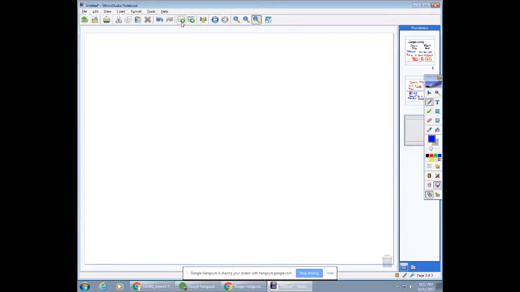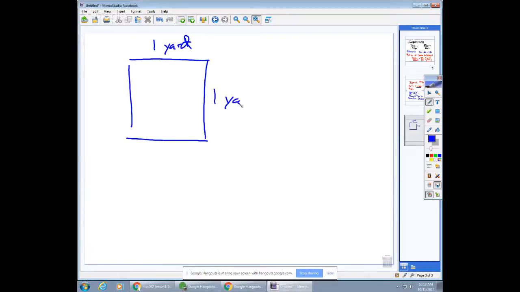Here's the way to think about that. Let's just talk about feet and yards because that's an easy one for me to draw. How many feet are in a yard? 3. Yeah. There's 3 feet in the yard. So let's suppose I draw a square yard. Okay, so this is 1 yard by 1 yard.